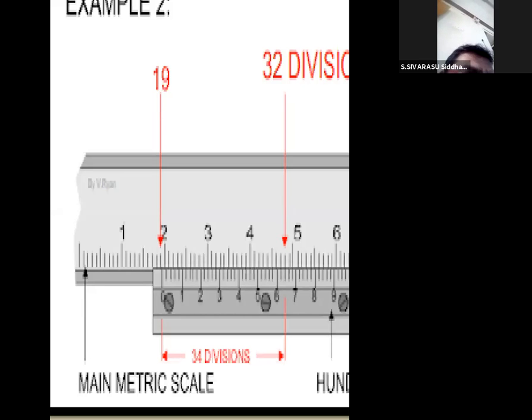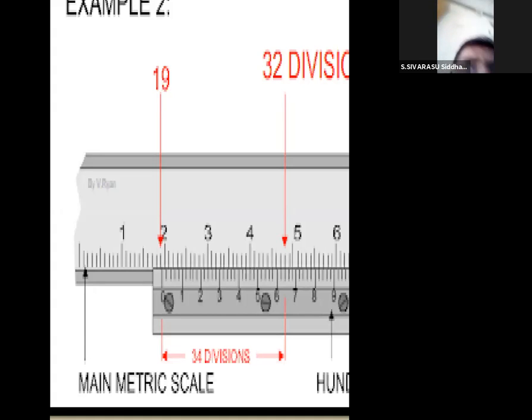It lies between the 19th main scale division and the 20th main scale division. So you take the 19th main scale division. One main scale division value is 1 mm, that is equal to 19 mm.